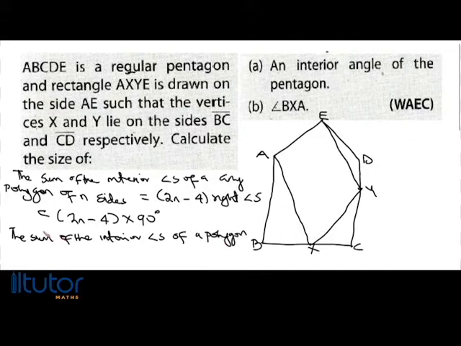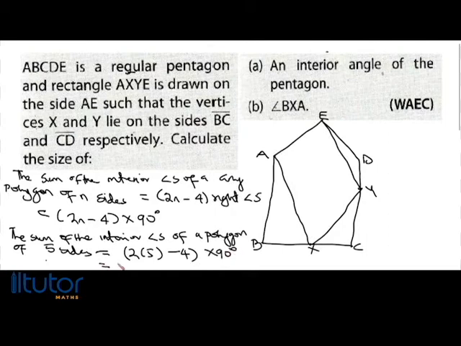The sum of the interior angles of a polygon of 5 sides: substituting 5 for n, will be equal to 2 times 5 minus 4, times 90 degrees.